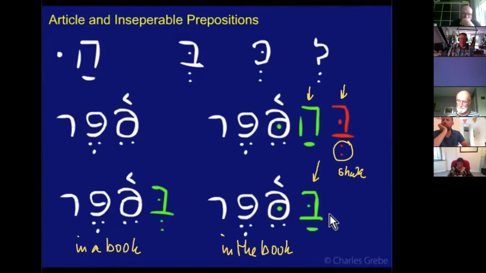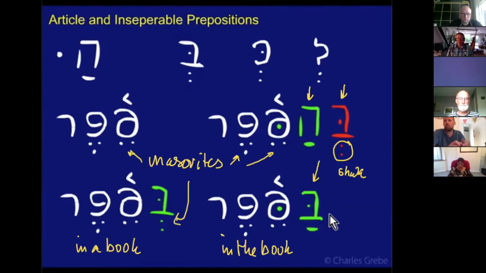So what you see here is, can you imagine what happens when we wouldn't have the Masoretic signs in the original language? Because the Masoretes invented all these little symbols in the language to help you understand what a word means. So is it in a book or in the book is a great difference in translation.